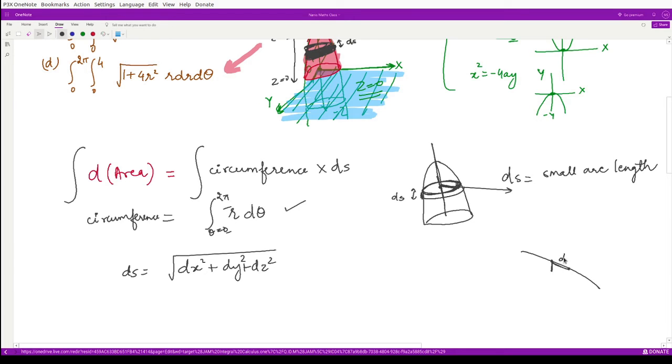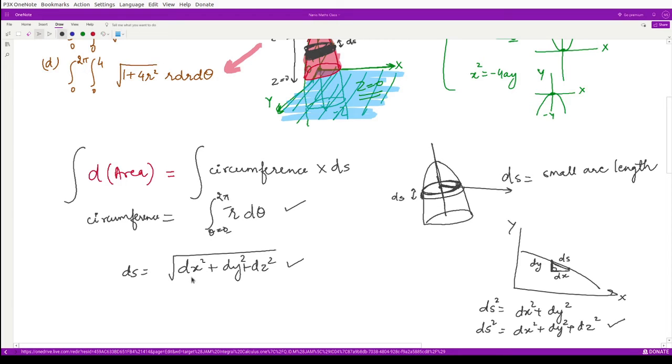Suppose this is ds, and this is your x axis, y axis. This small portion would be your dy and this small portion would be your dx, with a 90-degree angle here. So ds square is equal to dx square plus dy square. In 3 dimensions, ds square is equal to dx square plus dy square plus dz square. So accordingly you have this value of ds.